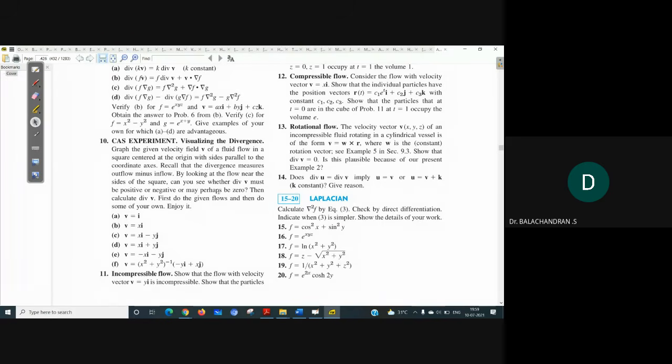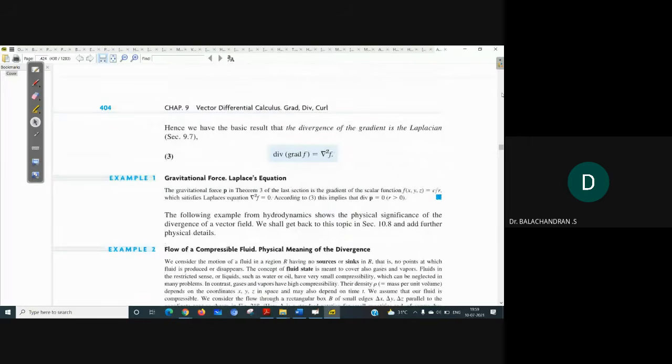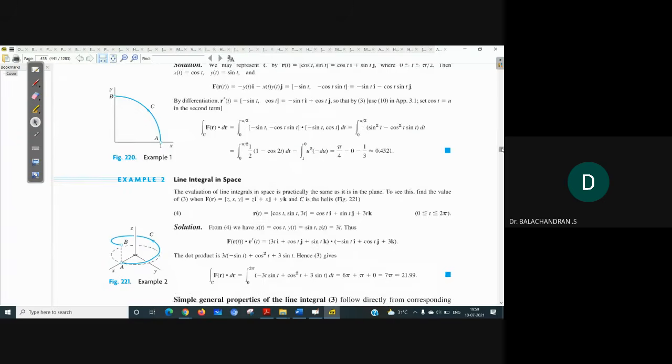So yesterday also I checked here. Flow of compressible fluid, physical meaning of divergence.